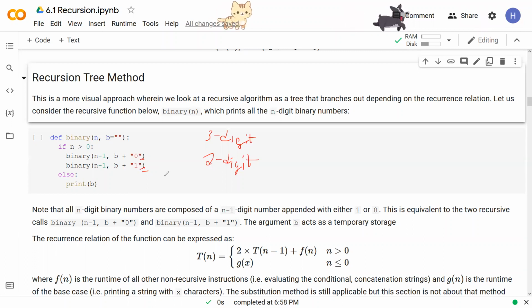And by doing so, we get the function. So, lahat ng mga 2-digit binary number ay just yung mga 1-digit na binary number na merong 1 or 0. So, ang 1-digit natin ay either 0 or 1.